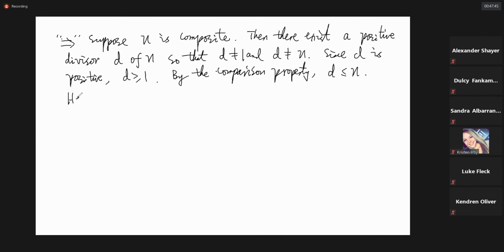Hence, you have the range d is greater than or equal to 1, less than or equal to n. All right, so maybe I just change the notation d to a, because in the statement of the lemma, we talk about a and b. So let's just change all the d to a, okay?